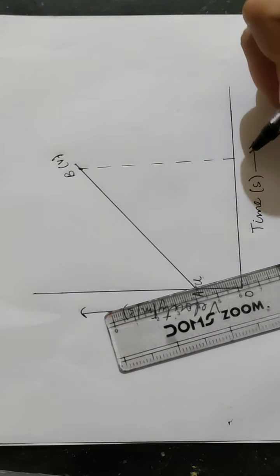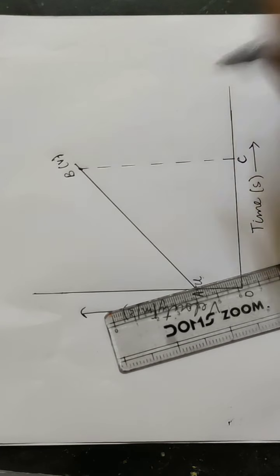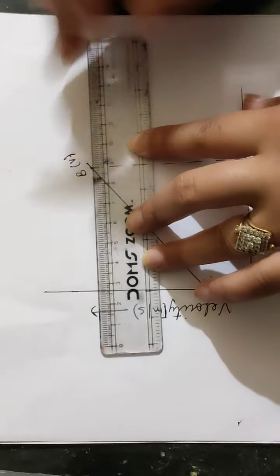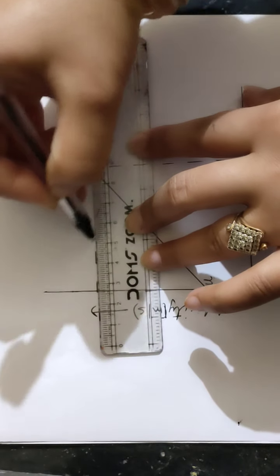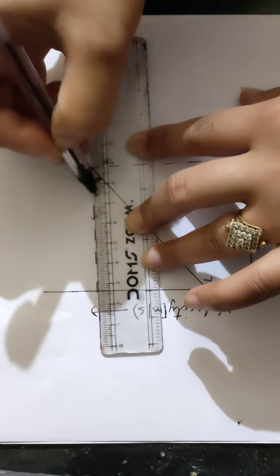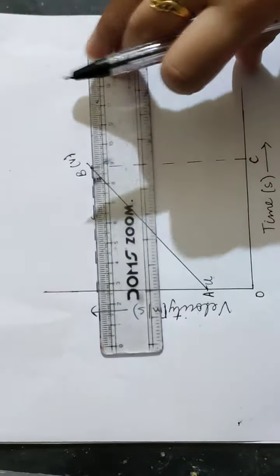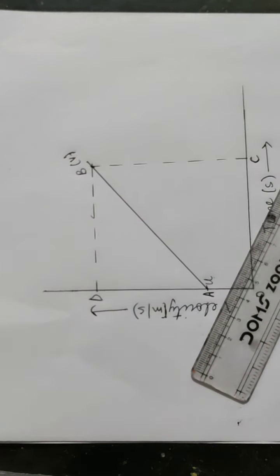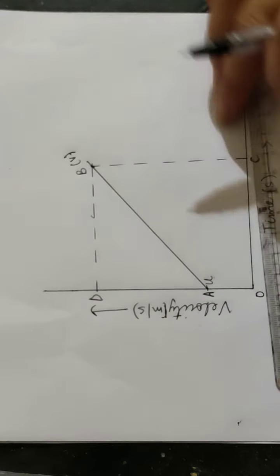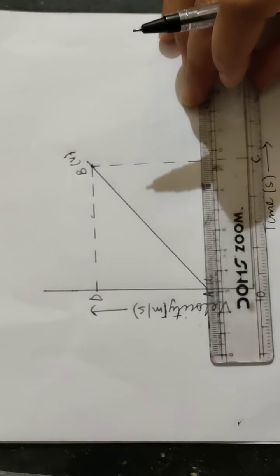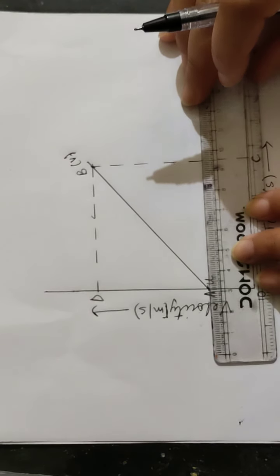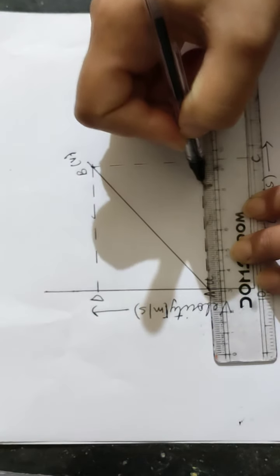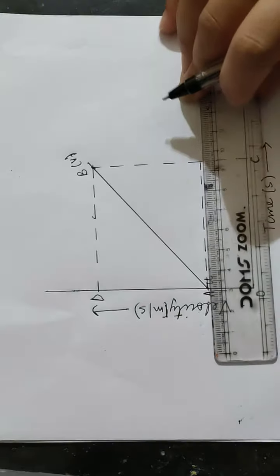Let this point be C, and another line perpendicular from B to the y-axis. Let this point be D. Again, we would draw a line parallel to the x-axis from A. Let this point be E.